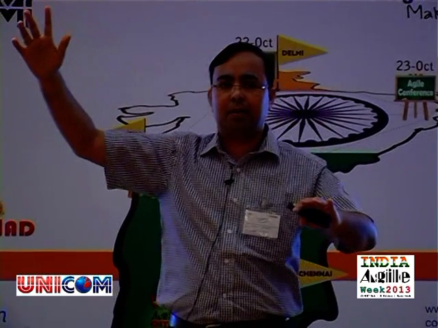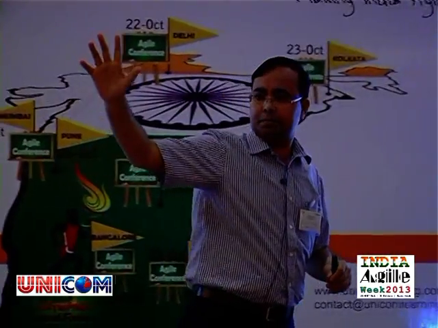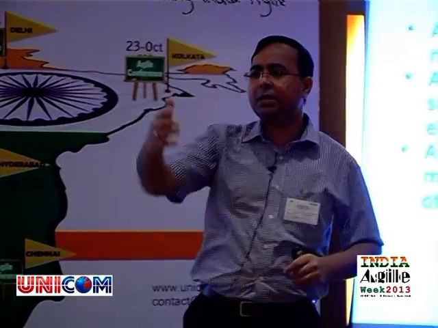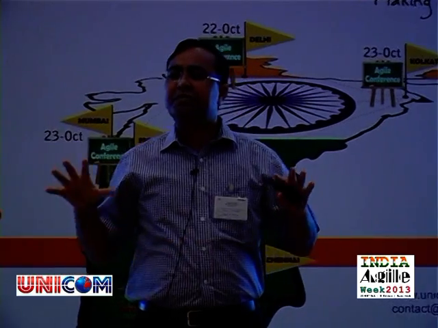Okay, XP already we have said. Crystal. Okay, I'll give the answer. Six Sigma. And Kaizen is one of the methods for continuous improvement. So these 5 methods, they are collectively known as Agile. So Agile is an umbrella.